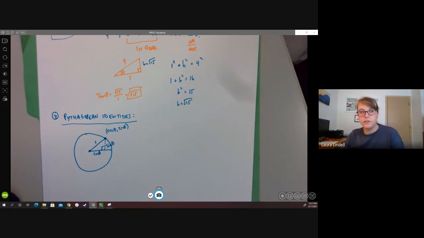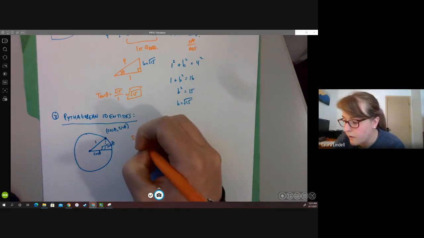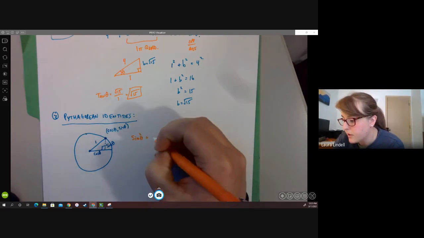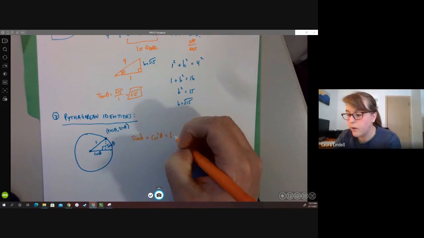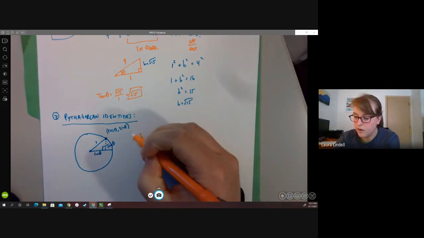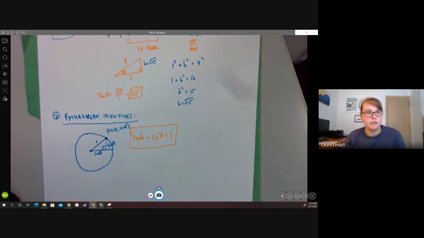So this yields the identity that sine squared plus cosine squared equals 1 squared, which is just 1. So this is the main Pythagorean identity. Sine squared plus cosine squared equals 1. And you are going to see this everywhere.